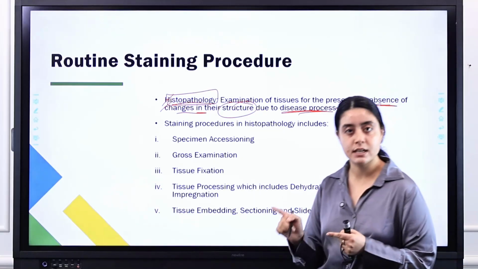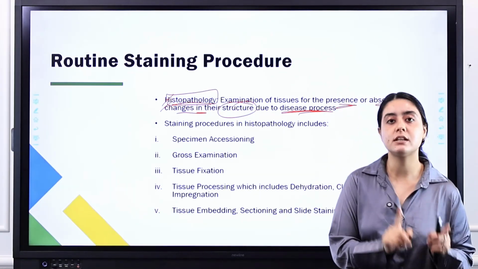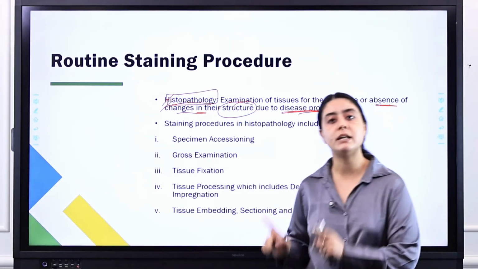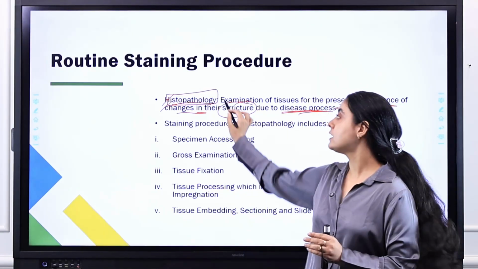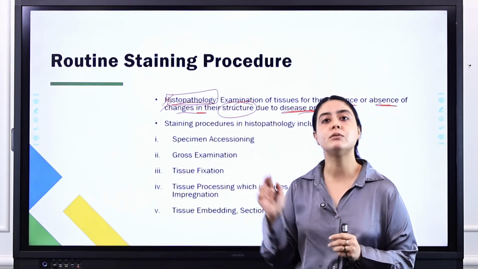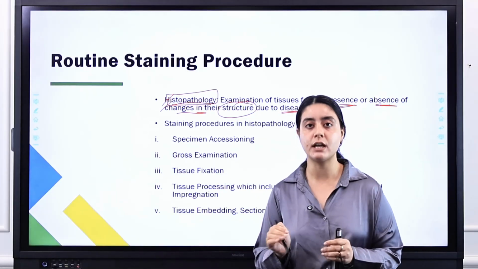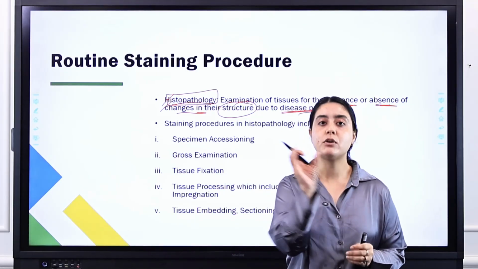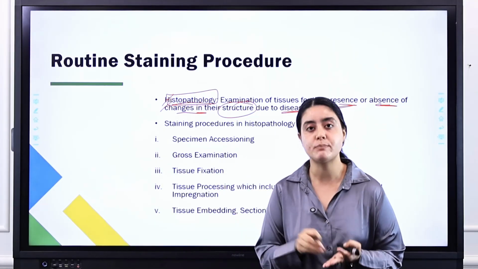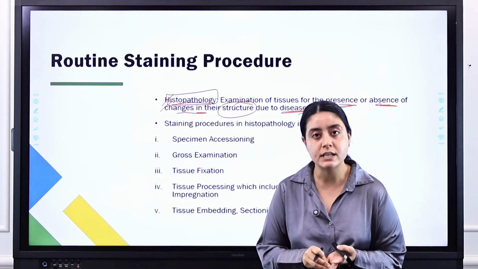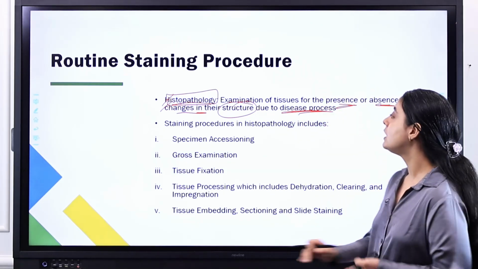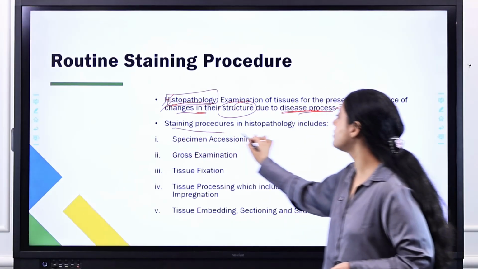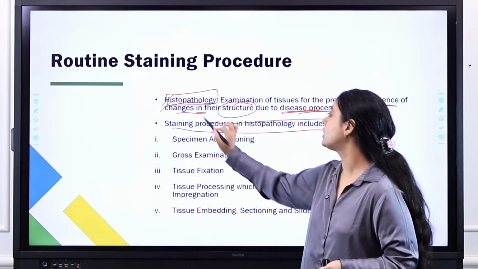If there is any disease, are there any changes in their structure? Is there any abnormality present due to the disease? For all these things we study histopathology, and we do staining procedures so we can differentiate between the abnormalities which are present in our specimens, inside our cells, and in our tissue sections.